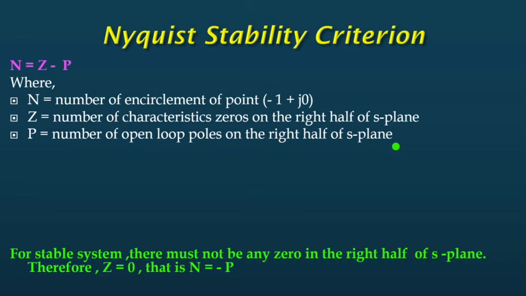Hence, it is convenient to choose the G(s)H(s) plane instead of the D(s) plane for investigating stability. Therefore, the relation N equals Z minus P can still be used for finding the unstable zeros of D(s), where N is the encirclement of the critical point in the G(s)H(s) plane by the Nyquist path gamma GH.